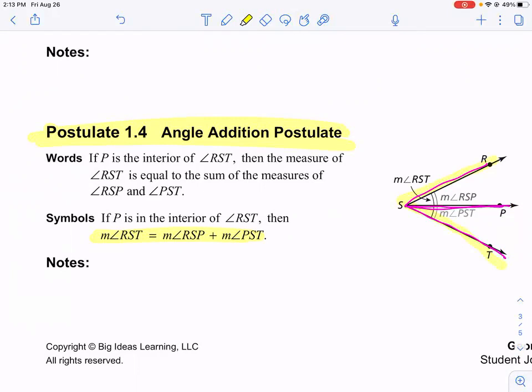If we have that point in the interior with a ray going through it, then we can add these two angles together for the sum of the two.